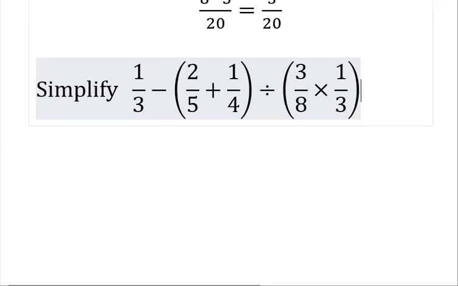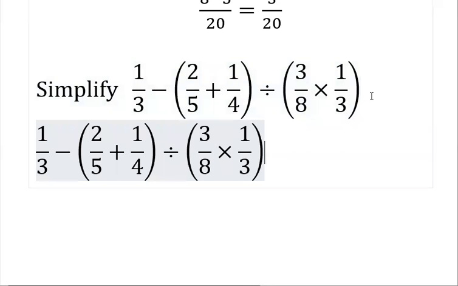First things first, don't forget, we are going to solve the operation that we have in the bracket first. Irrespective of the sign in there, what you need to do first is to solve the operation inside the bracket.